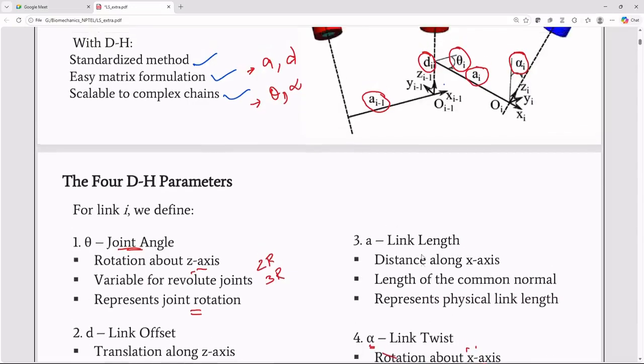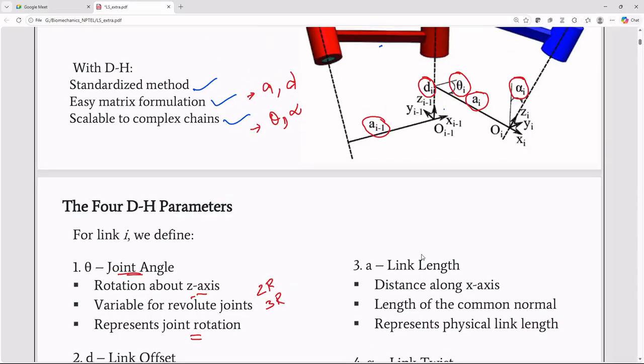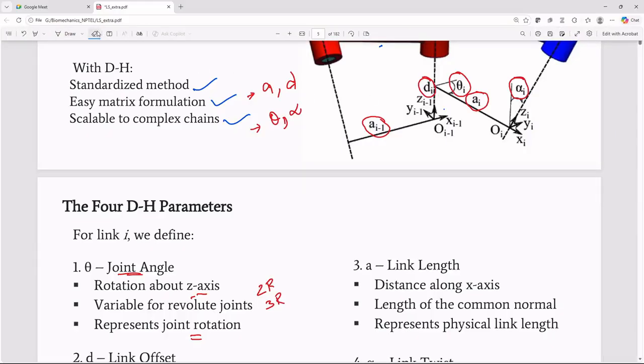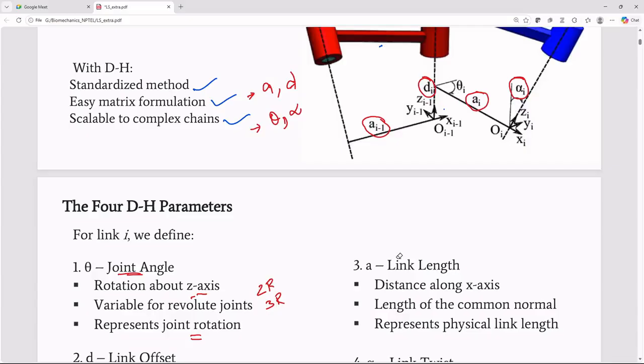Let me show you here. Here you can see the theta. This one is the theta.